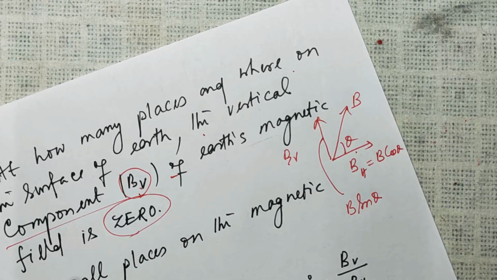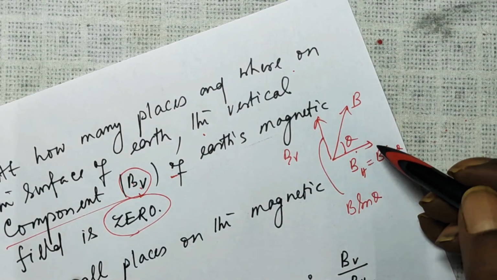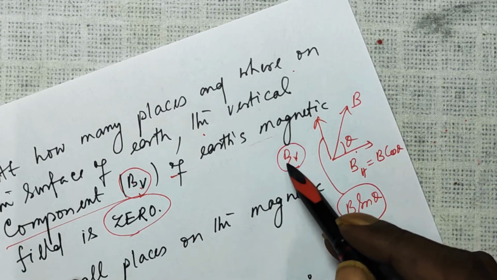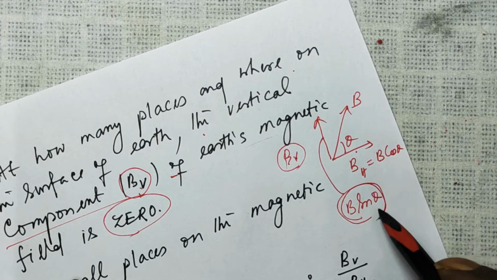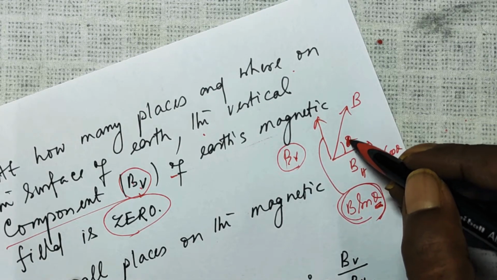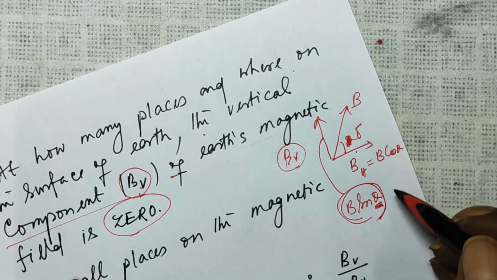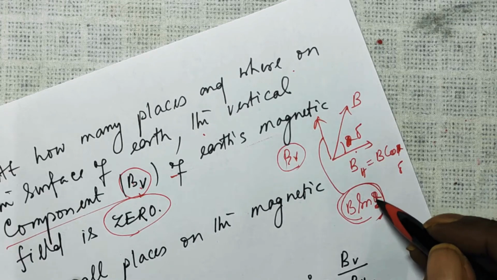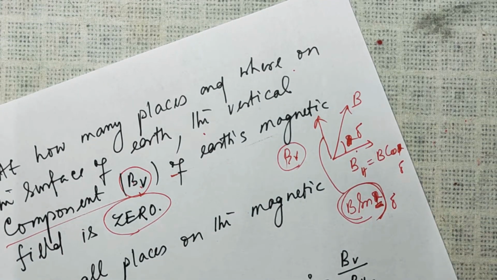Now it is given BV is equal to 0. When will this be 0? When theta is equal to 0. Now instead of theta I should write delta here, because delta was your angle of dip.